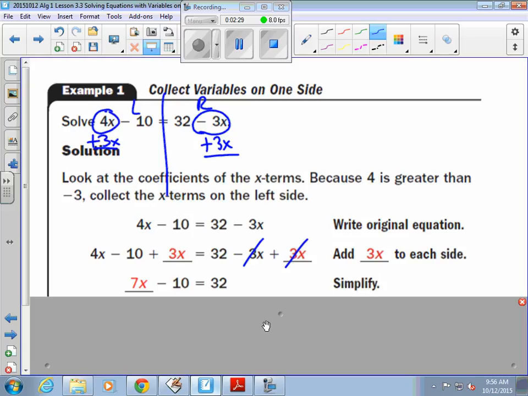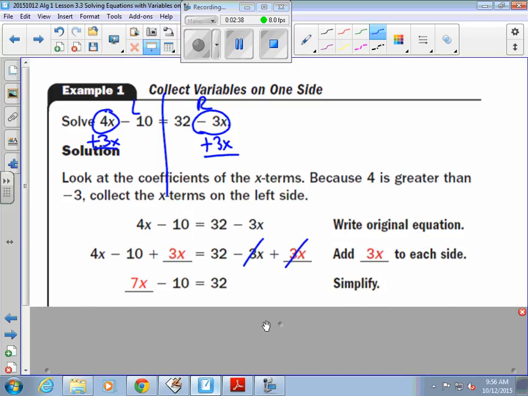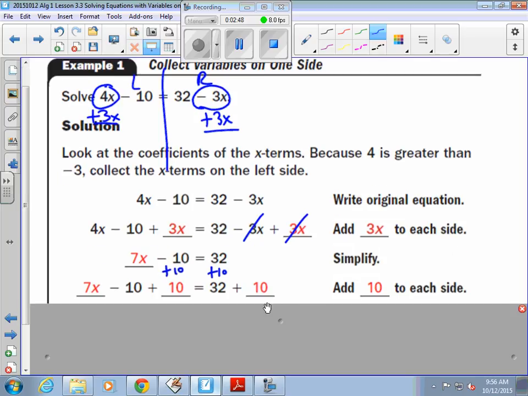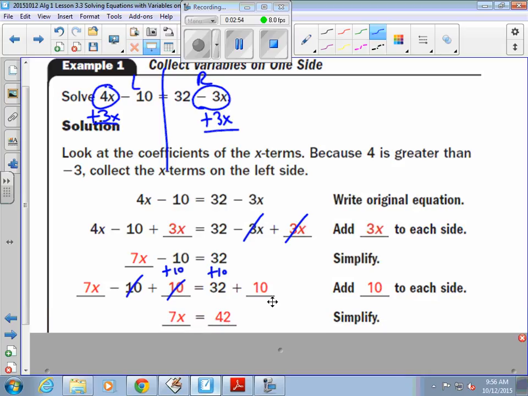Now you have an equation that's just two steps that you know how to solve, just like before. Undo minus 10 by adding 10 to both sides. If you add it to the left, you add it to the right. Again, you always do the same thing. Here's the horizontal version right below it. Adding 10 to each side. Minus 10 plus 10 is going to cancel out. And you're going to be left with 7x is equal to 42.